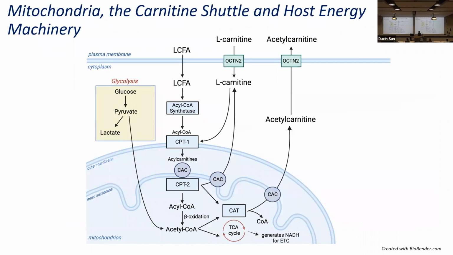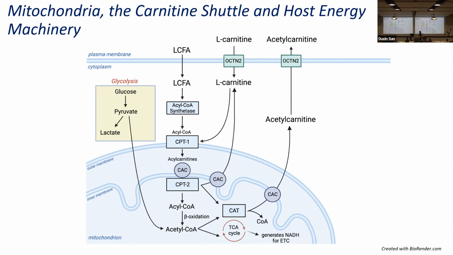So I know it's late in the day for biochemistry, and full disclosure, I am not a biochemist, but just to highlight how acetylcarnitine is being produced. First and foremost, it starts with L-carnitine. L-carnitine is an endogenous metabolite. We derive it primarily from our diet, but it's highly conserved.